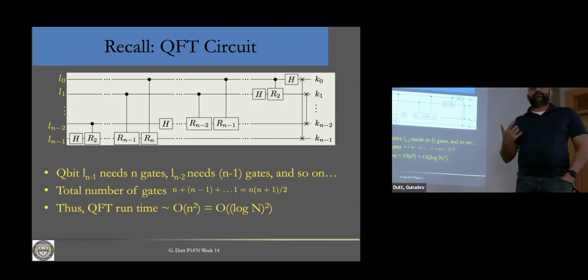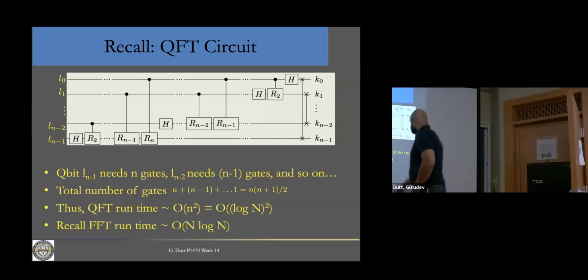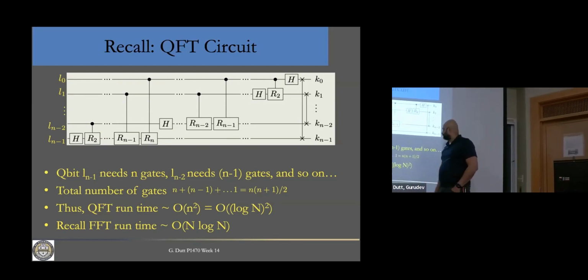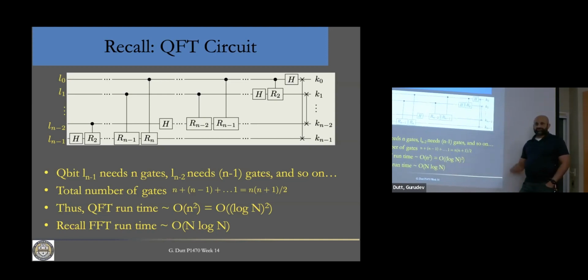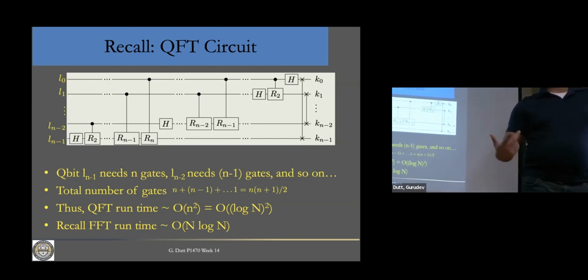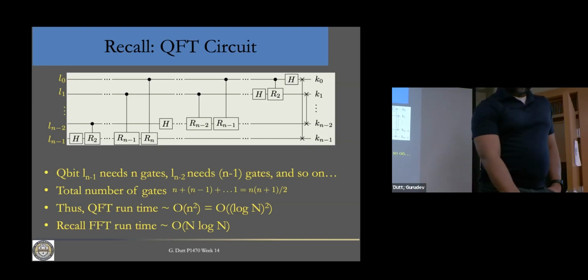It gives us an exponential speed up, because the classical FFT runtime, which is the normal algorithm that we use on our computer to find the Fourier transform, is order N log N. So there's a speed up of an additional factor of N over log N, which is of course an exponential speed up. Basically, if N is 44,000, the logarithm of that is a much smaller number. So you get that extra speed up in finding it.